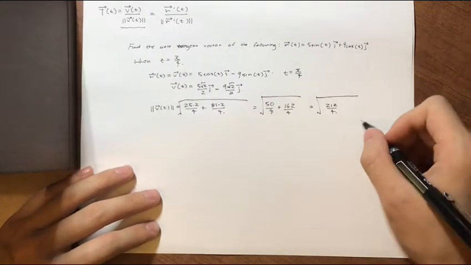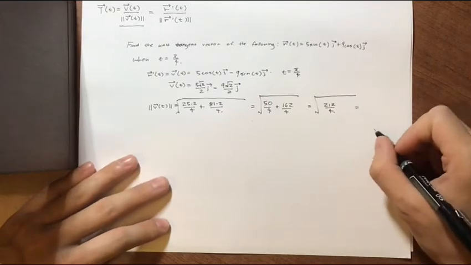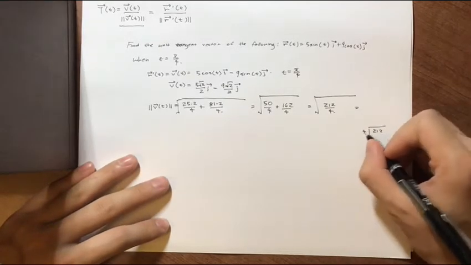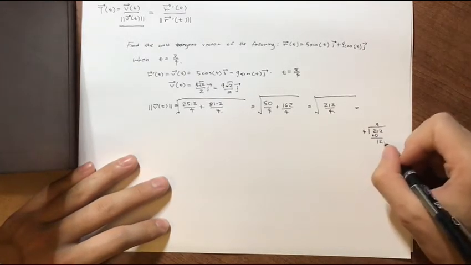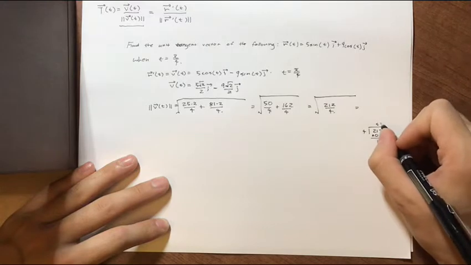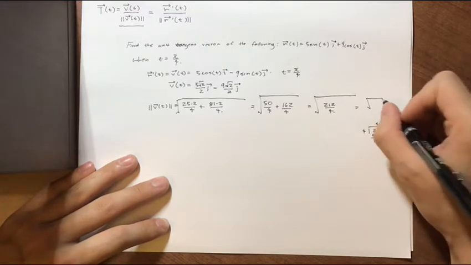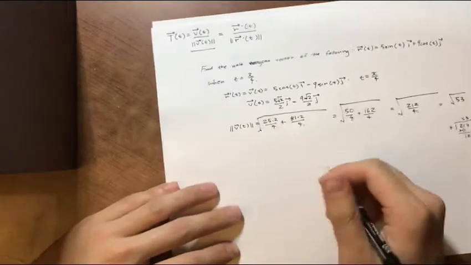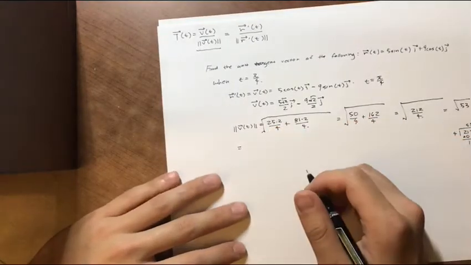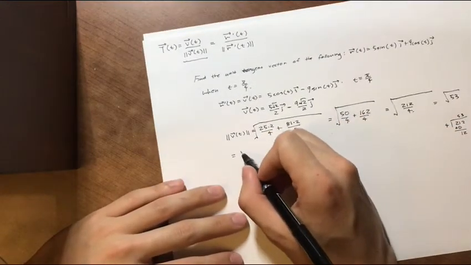However, this could be simplified. So now, the unit tangent vector is as follows.